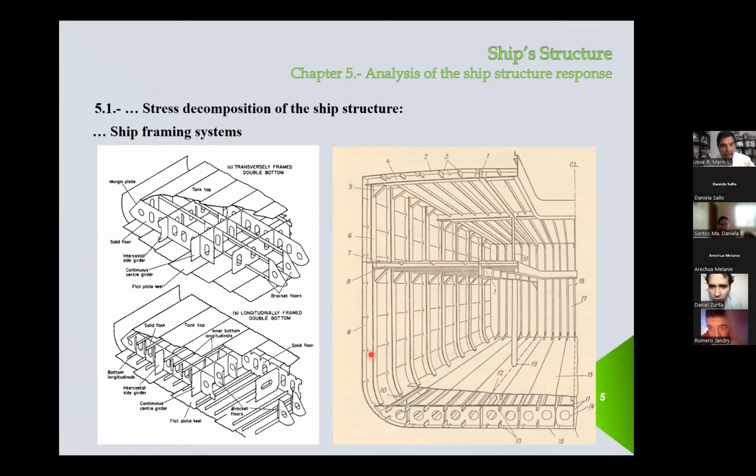Doctor, the internal deck is also longitudinal. I cannot see below here, but probably it's transverse also, because probably they install a transverse at the same position as the transverse in the side.